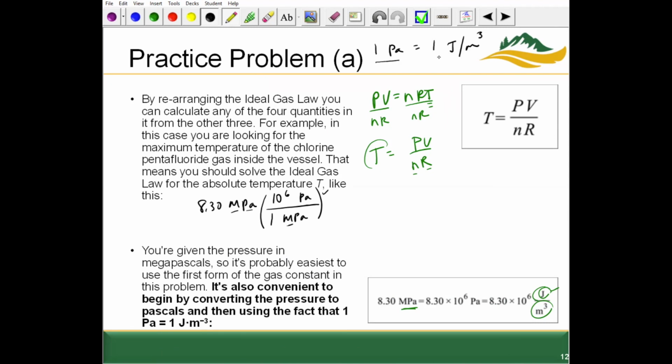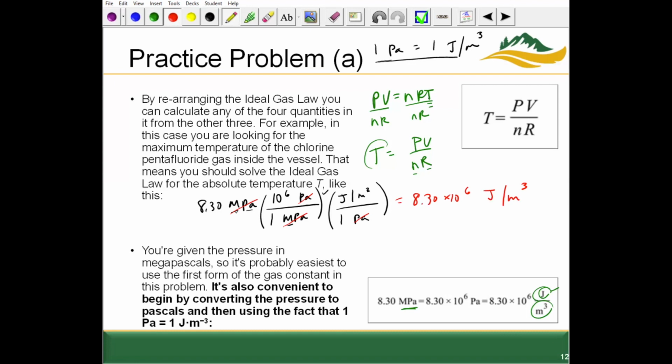Now also from the last slide we were just on from part 1, we added this conversion that 1 Pascal is 1 joule per meter cubed. Megapascals get canceled out, so do pascals. That leaves 8.30 times 10 to the 6th joule per meter cubed.